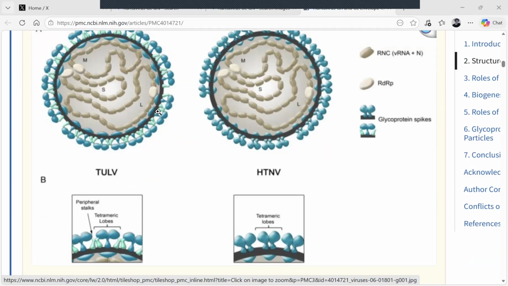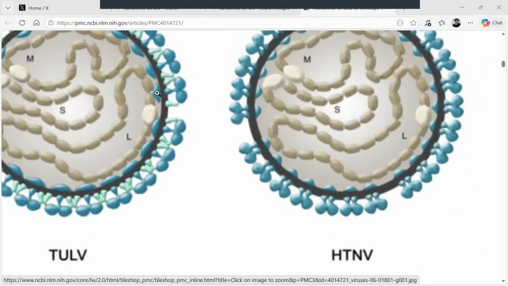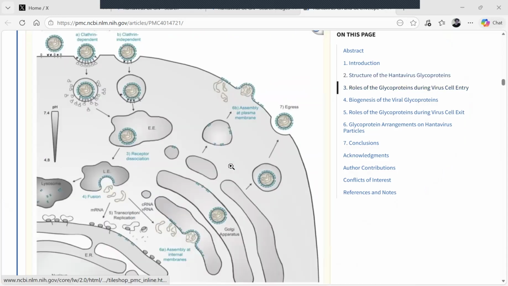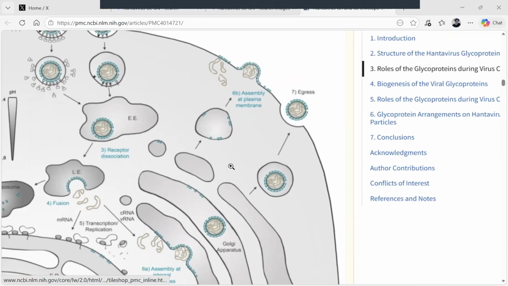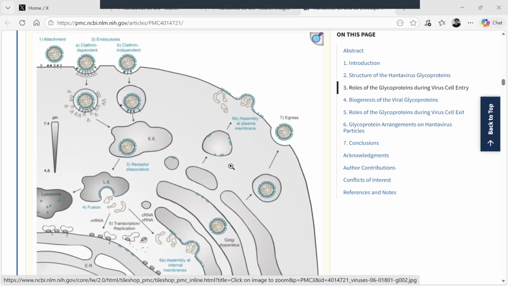And you can see that they're underneath the membrane and above the membrane has a different complex compared to the hantavirus. Okay. And with that, we want to go into just a brief overview of the process.